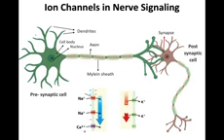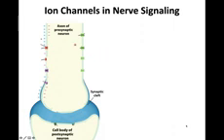Now these three channels work in tandem to maintain an action potential, or the electric impulse that is shown here. So how is this action potential maintained? Let us discuss how this is accomplished. Shown here is a zoomed in view of the axon of a presynaptic neuron.